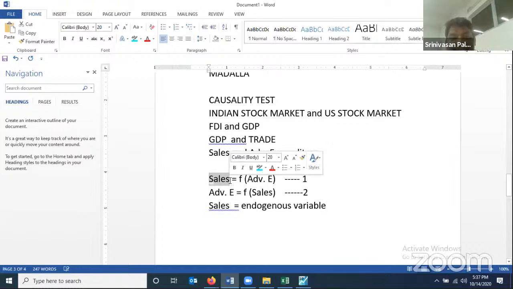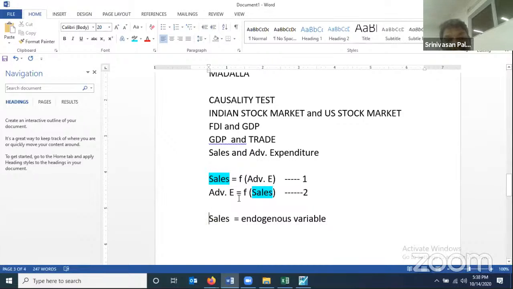Sales is acting as a dependent as well as an independent variable. This is a simultaneous equation model. At a stretch, we have to estimate simultaneously. So advertisement is also an endogenous variable, acting as a dependent variable as well as an independent variable.